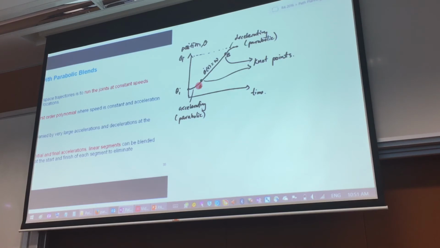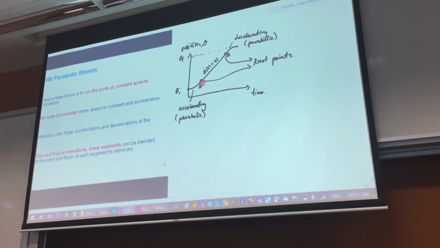If that transition is not done well, you'll get a jerk over there. Right? So what we'll be doing next week is to make sure that this point of acceleration can transit well into the constant velocity so that you wouldn't experience a jerk.